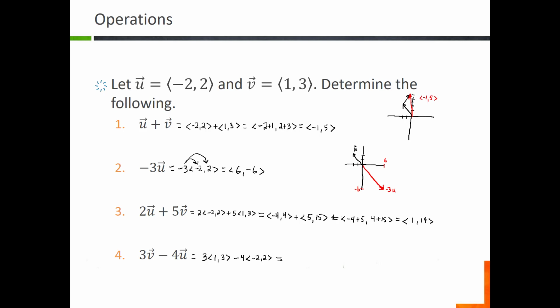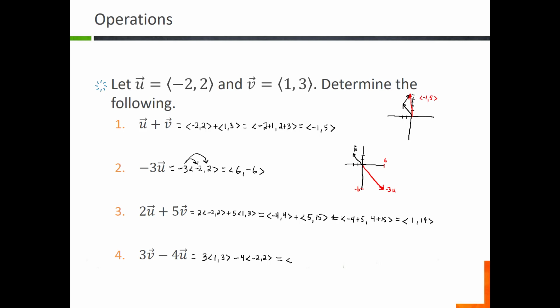So we need to distribute the 3 into the 1, 3 vector. And with the minus 4, you could just distribute the 4 and leave it as a subtraction of vectors, which we'll do since we haven't done a subtraction yet. You could also distribute a negative 4 and then turn this into just a plus.